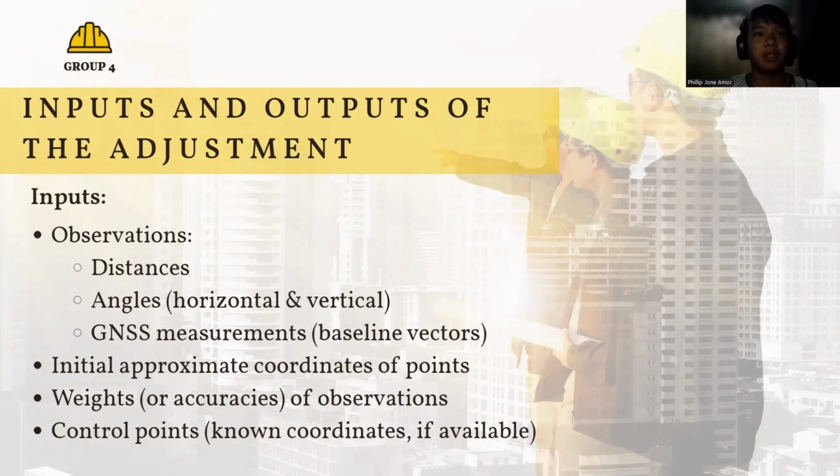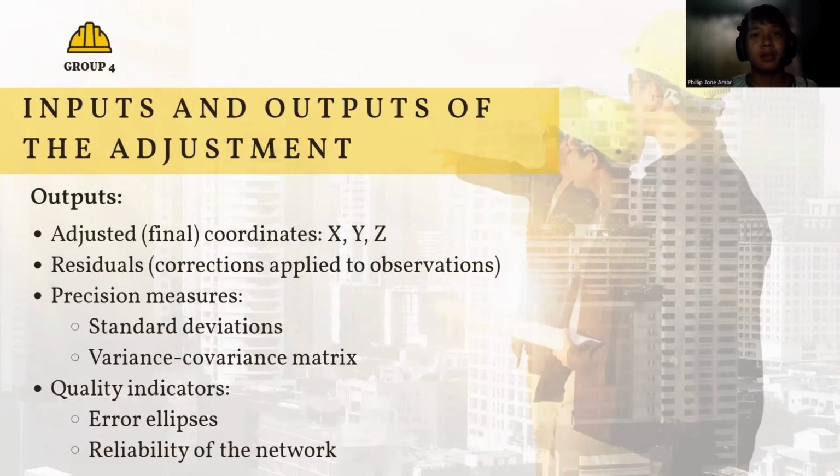Once these inputs are processed, the adjustment produces outputs that refine and improve the data. These outputs include adjusted coordinates in x, y, and z, which are the corrected positions of points, residuals that show the corrections applied to the original measurements, and precision measures such as standard deviations and the variance covariance matrix to quantify accuracy.